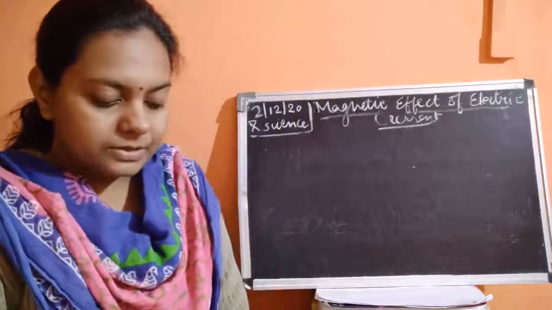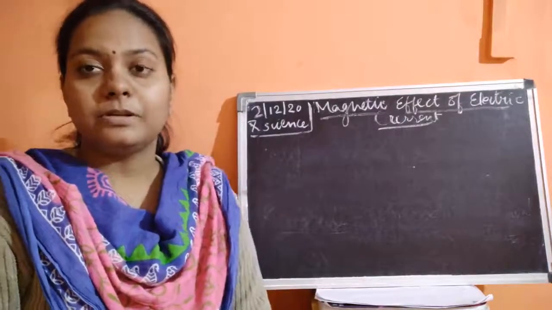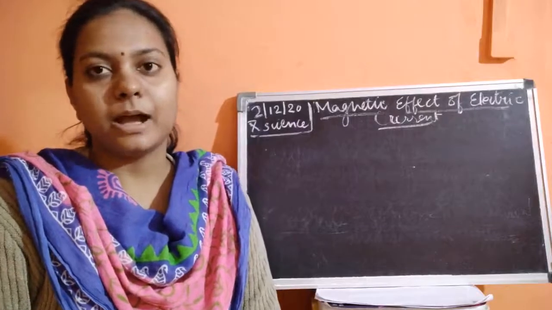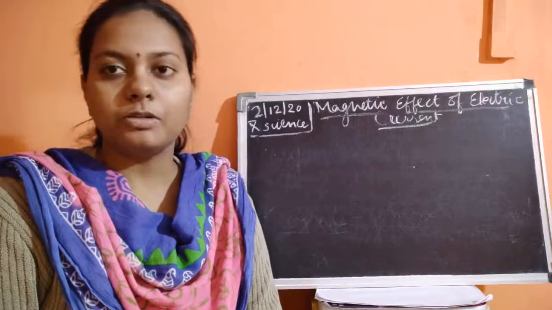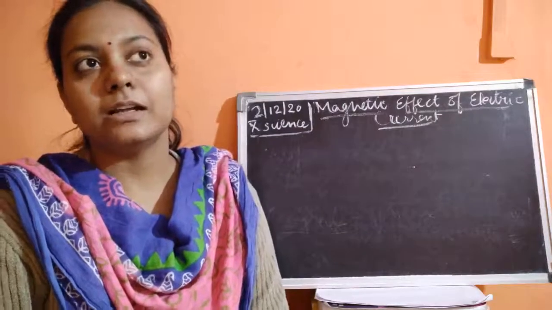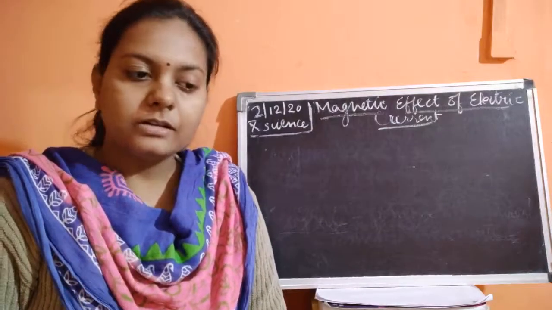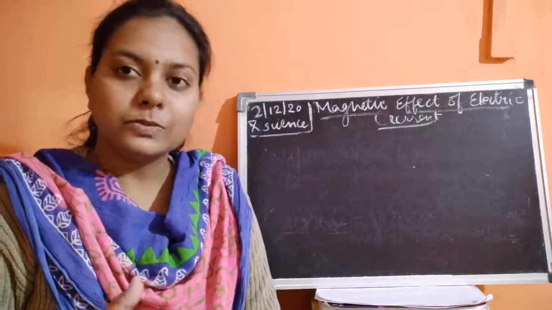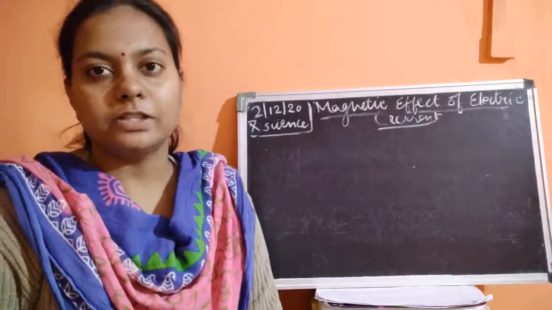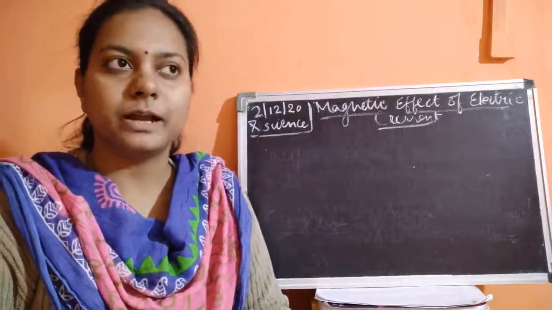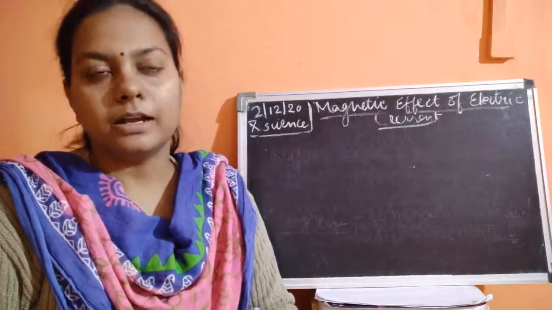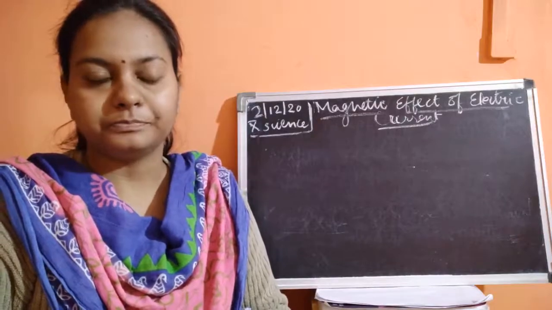So students, we have discussed that this chapter is about the magnetic effect of electric current. If we talk about the effects of the electric current, it means that there are different results produced by the current flowing in the wire. There are mainly three types of effects produced by the current flowing in a conductor or an electric wire.